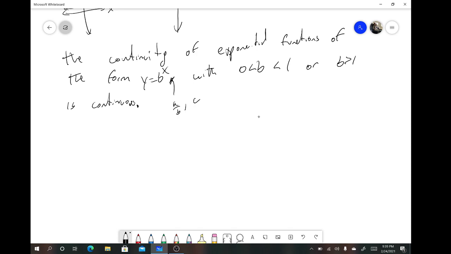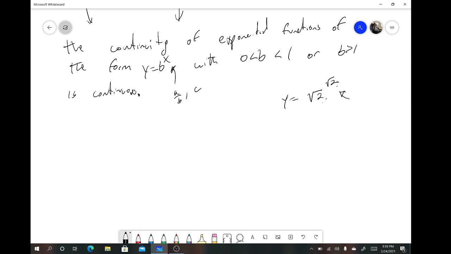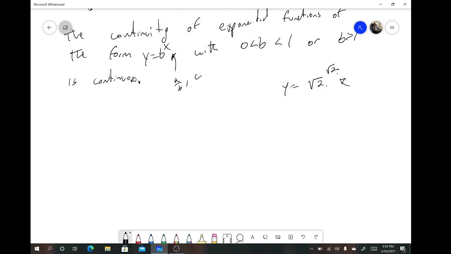For example, what if somebody gives you y equals, say, square root of 2 to the square root of 2? It's a perfectly fine value, but what does that actually mean? How do you compute something like this? We will not see how to compute something like this by hand until we go into Calculus 2. So we will not delve too much in this class.